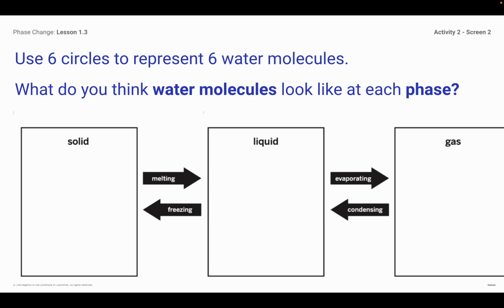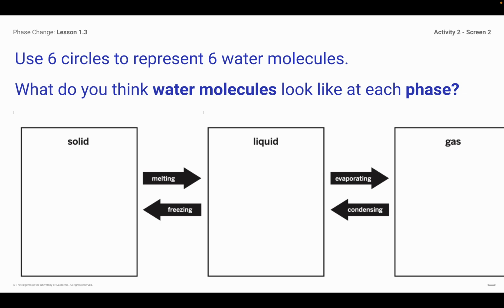And then what do you think the water molecules look like as liquids? So you're going to draw the same 6 circles, but now as a liquid. And then lastly, how would those 6 water molecules look as water vapor?